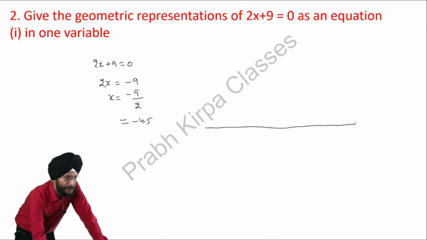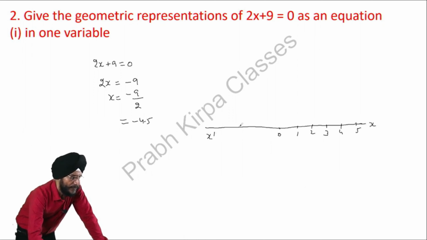In the case of geometric representation of linear equation in one variable, we simply draw a number line. This is the number line. Here value is 0, here it is 1, 2, 3, 4, here it is 5. Here we will write minus 1, minus 2, minus 3, minus 4, minus 5.